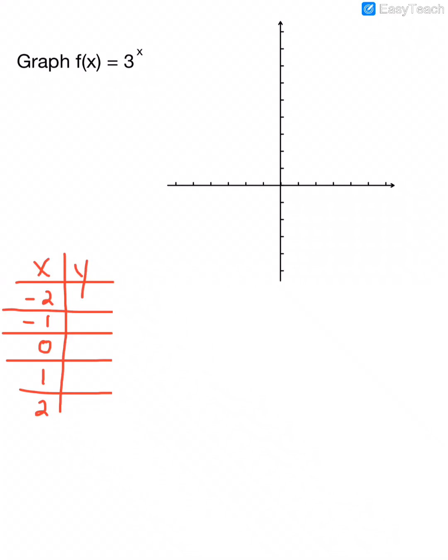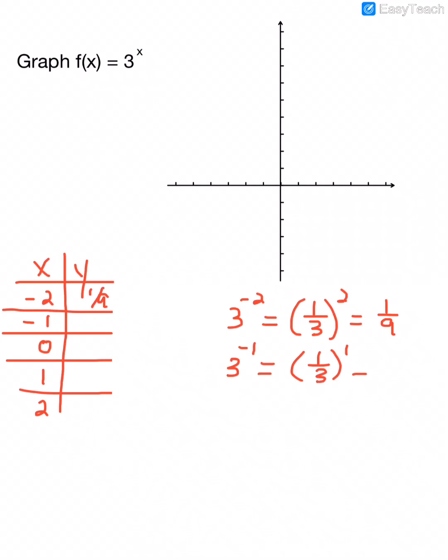So if I plug those points into my function for x, I have 3 to the -2 power. Well, if you'll remember, to get rid of a negative exponent, we flip our base. So if I flip my base, I'm going to get 1/3 squared, which would be 1/9. All right, and then if I raise 3 to the -1 power, that flips my base, and I get 1/3 to the 1 power, which is just 1/3.